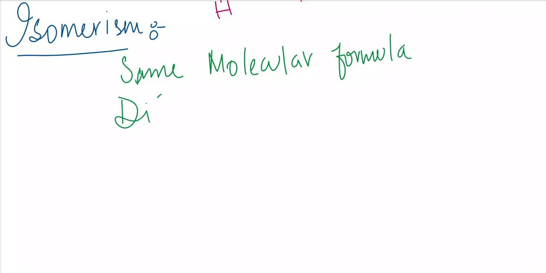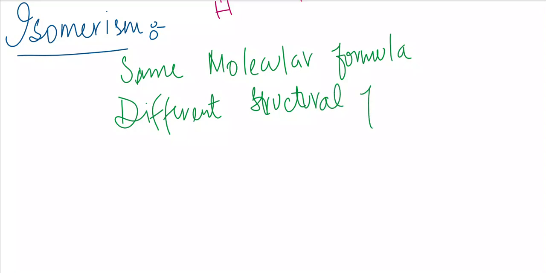So if compounds have the same molecular formula but different structural formulas, you call them isomers, and the phenomenon is known as isomerism. Those individual compounds are known as isomers.